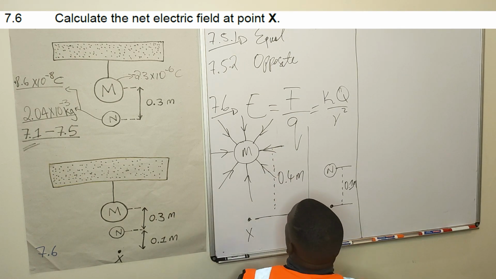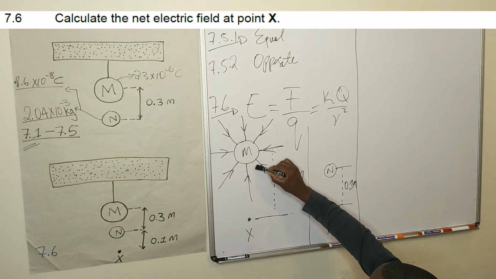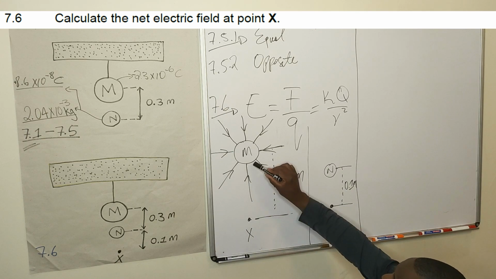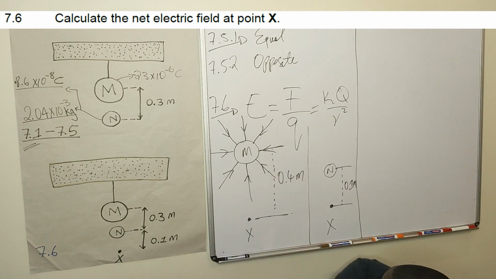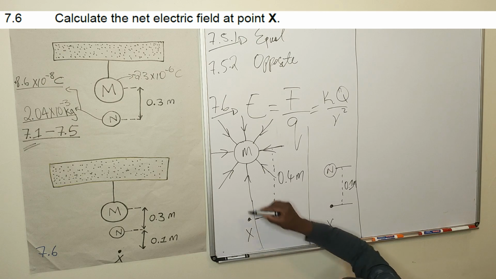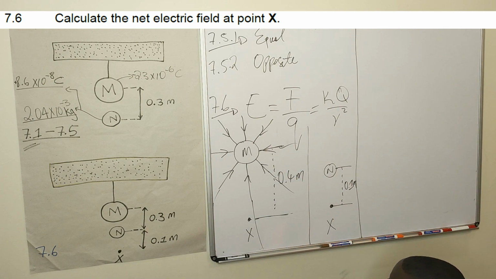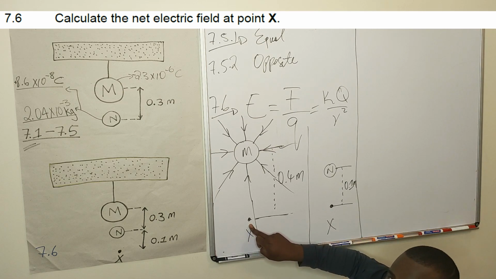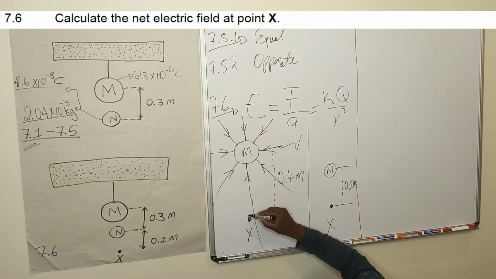So, since these are your field lines around M, the electric field felt by X because of M is upwards towards M. If you extend this all the way, you find that at your point X, the electric field it is feeling because of M is upwards in that direction.